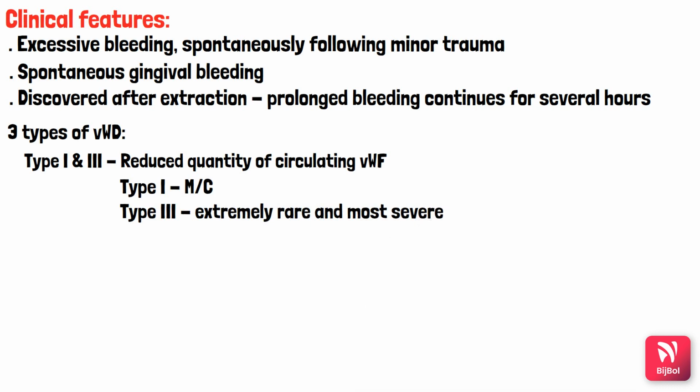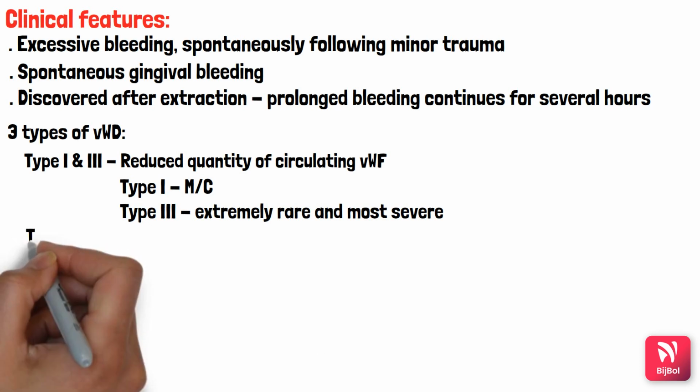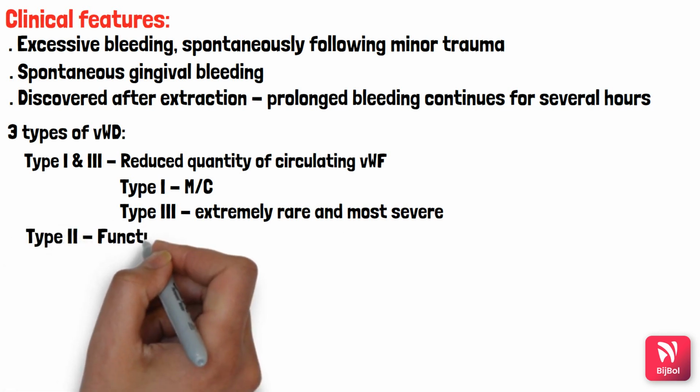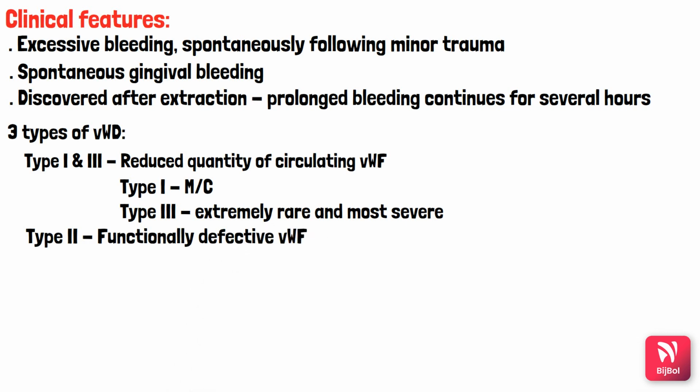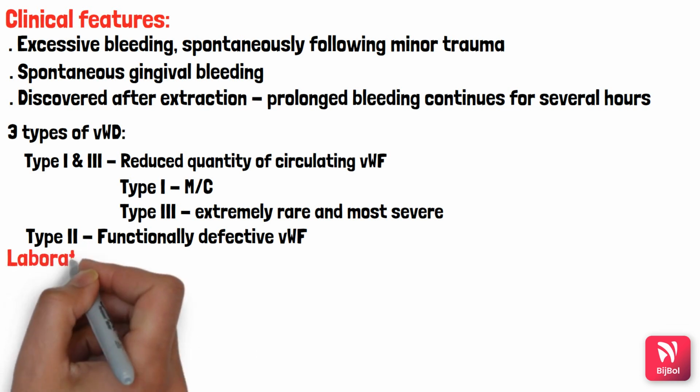Whereas type 2 is the opposite of type 1 and type 3, that is, it is a qualitative defect. That means the amount of von Willebrand factor is good but it is functionally defective, so it will not activate the platelets in aggregation. Okay, so this is about clinical features.